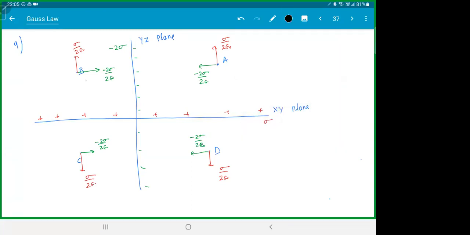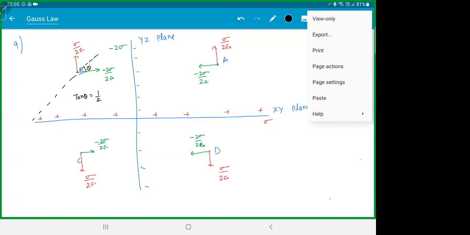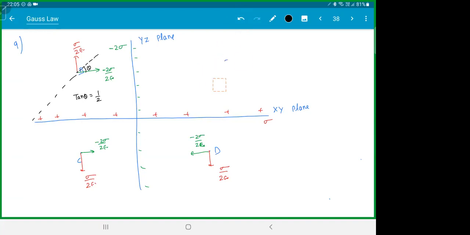But now, if you look at this angle, what is this angle theta? Tan theta is opposite by adjacent side, you're getting half, right? So if you actually draw the field lines for this, you know how it will look? You're making an angle of tan theta equal to half.